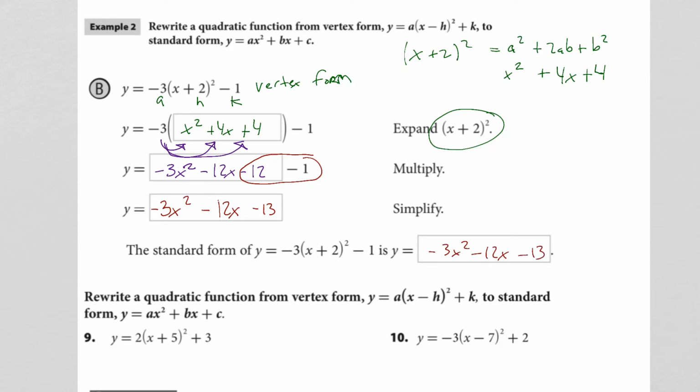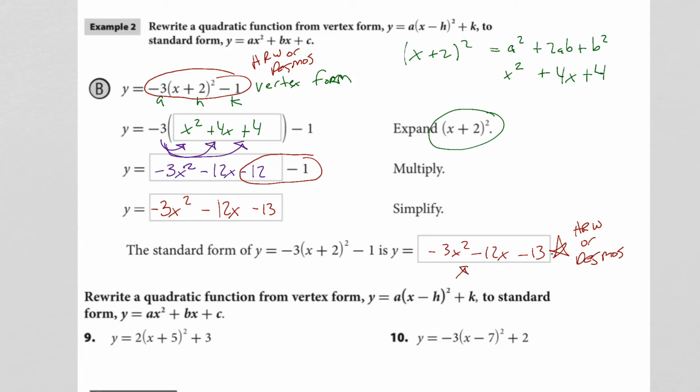And if you plot this into your HRW or Desmos graphing calculator, and then you plot this thing right here in HRW or Desmos, you'll find that they are the identical graph.